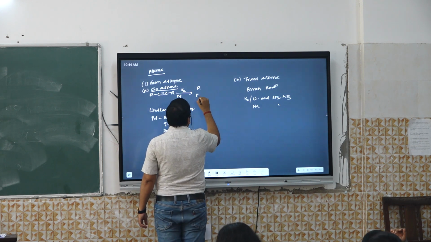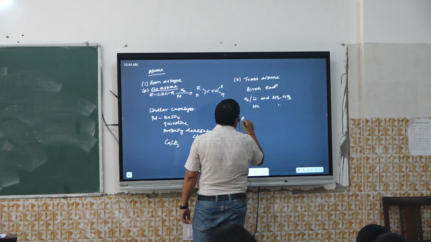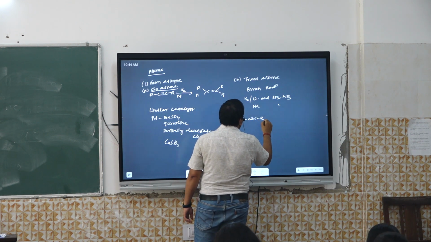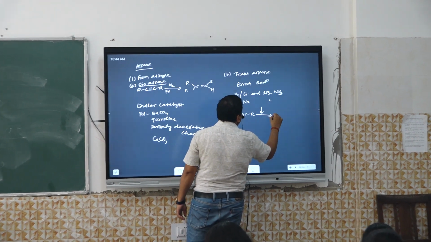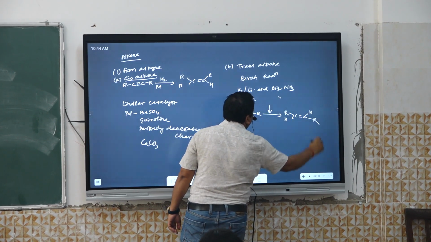So the product is cis, and here with this catalyst, it is trans.